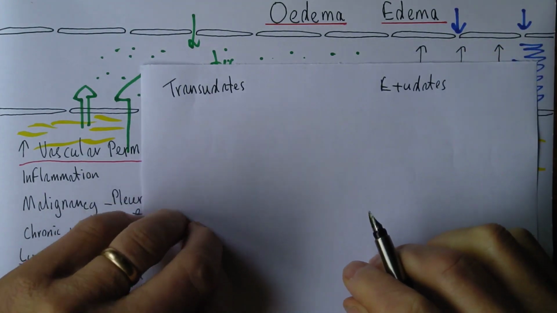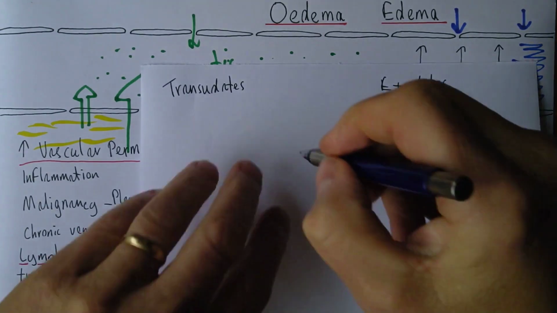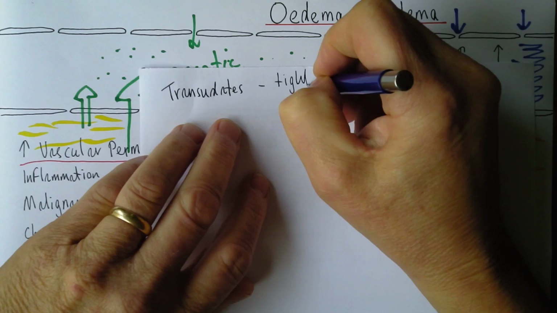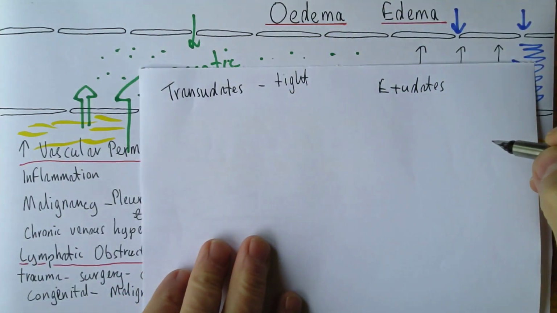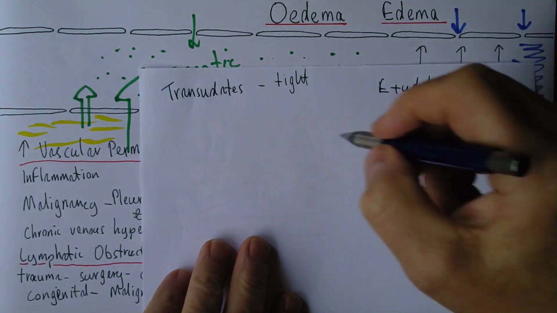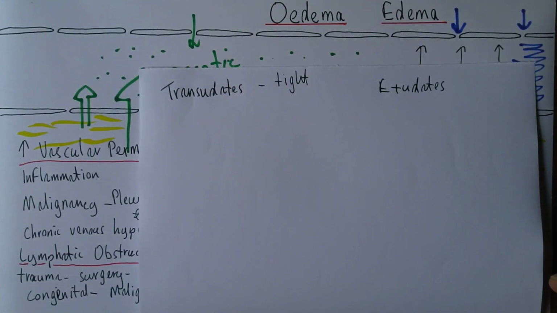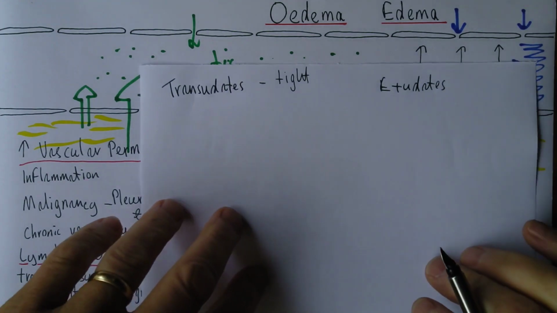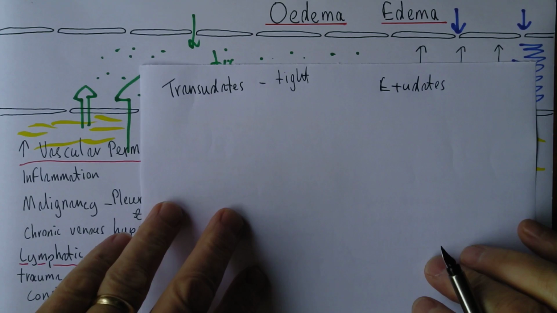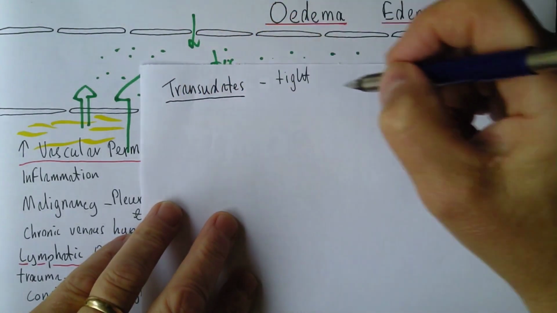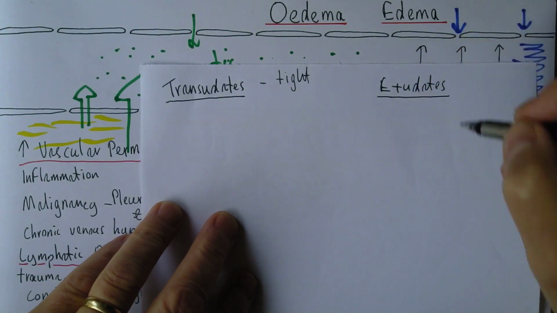And as we've said, in transudates, the vessel is intact. The junctions are tight. In exudates, very often there's increased permeability in the vessel, or there's obstruction to the lymphatics. Now, in a transudate, another way to remember it is transudates are often fairly transparent.